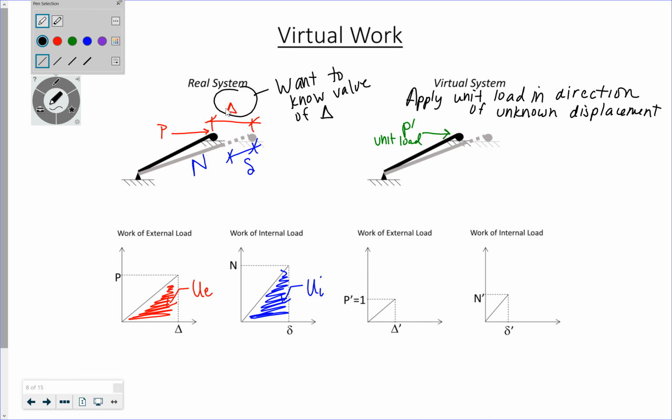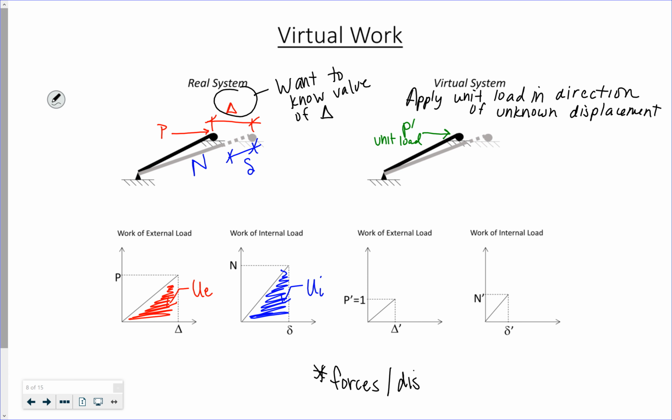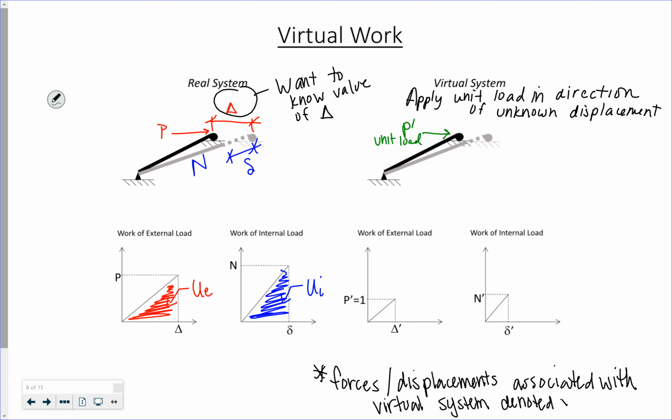Now, just as an aside, everything with my virtual system, I'm going to put a prime on it.